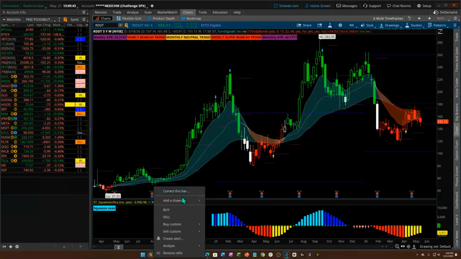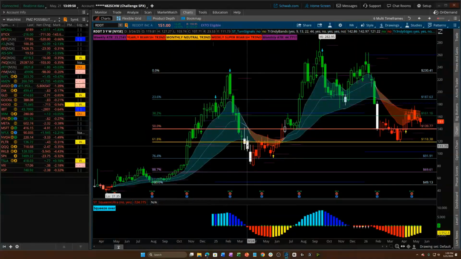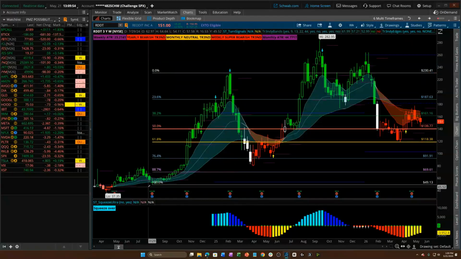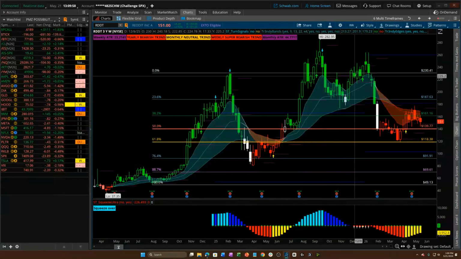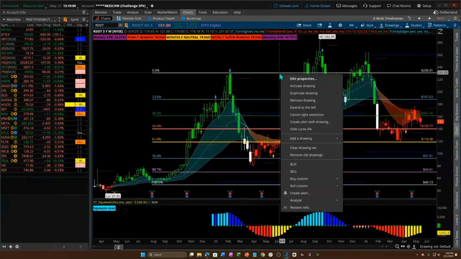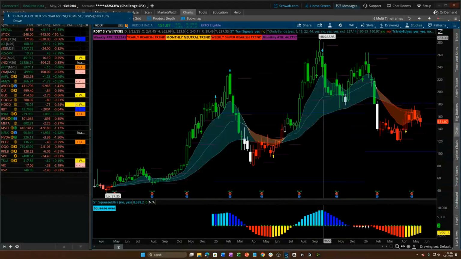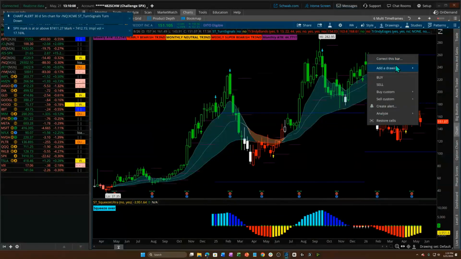So then if I look at this move here on this pullback, notice this closed below the 618 as well. So these are not valid moves to the upside. The actual only valid move is going to be this downside move here.